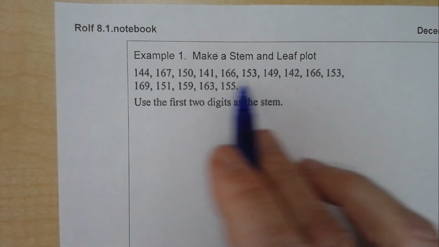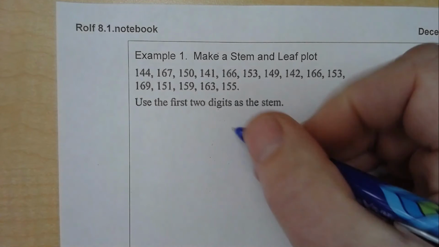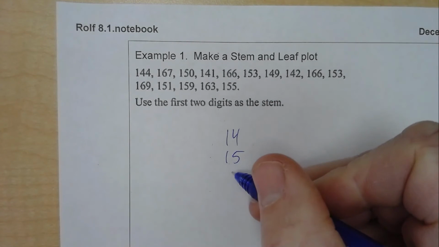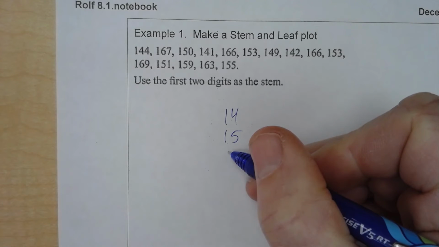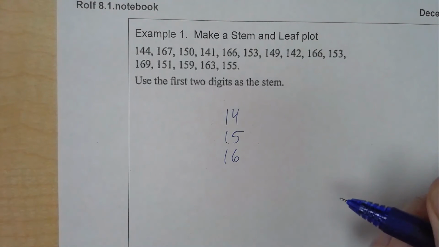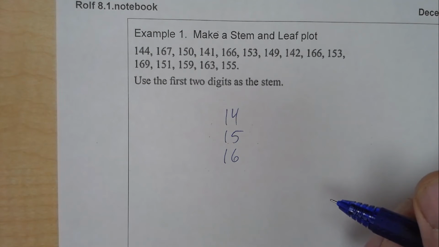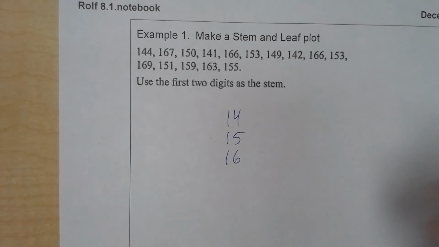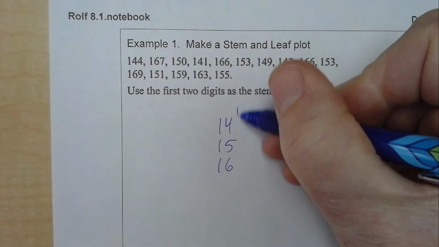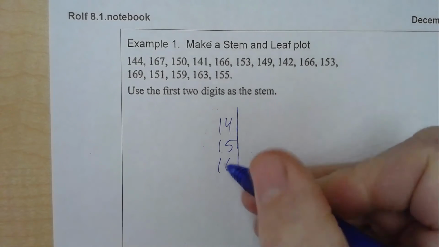Do we see any 130s? I don't think so. So there's 140s, 150s, 160s, and is there a 170? I don't think so. So we go through and look for the smallest number, and we put a dash here.